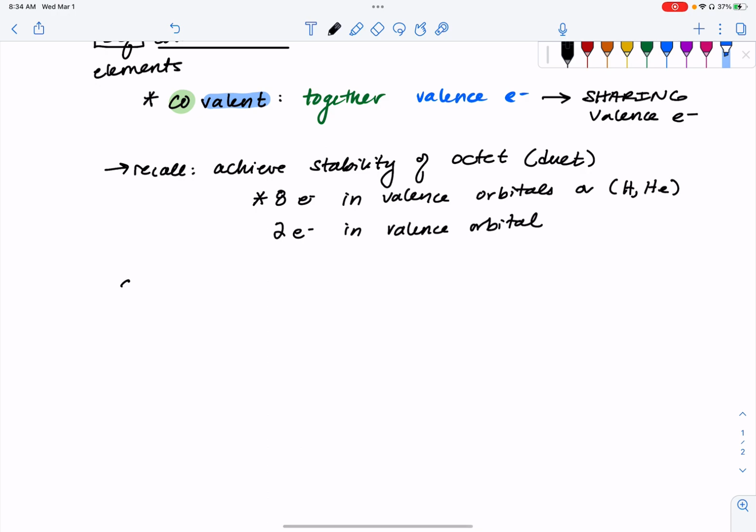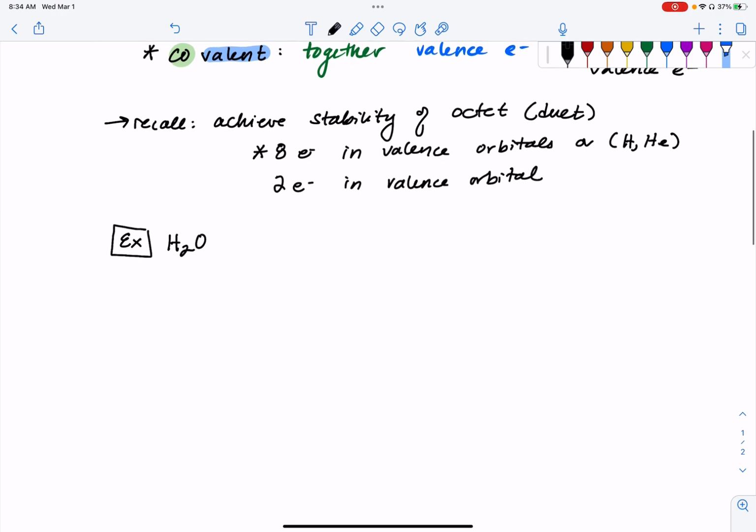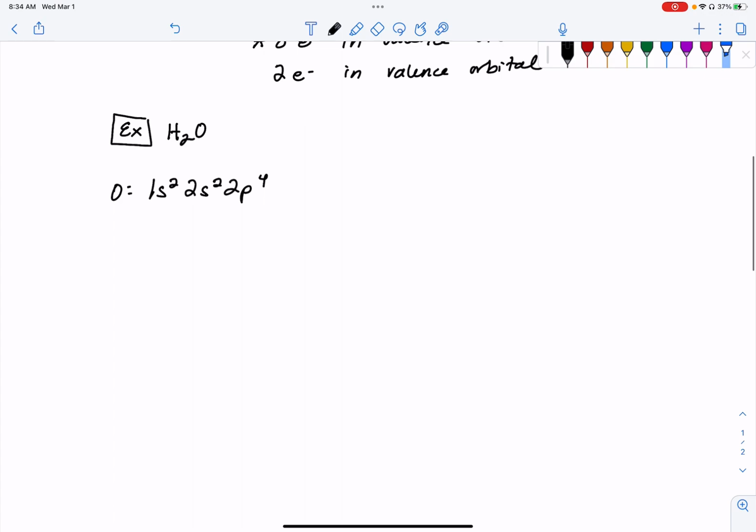So for example, we might look at a compound like water. So let's look at the oxygen atom's electron configuration. So this is 1s2, 2s2, 2p4. This is me using a periodic table to get this electron configuration.